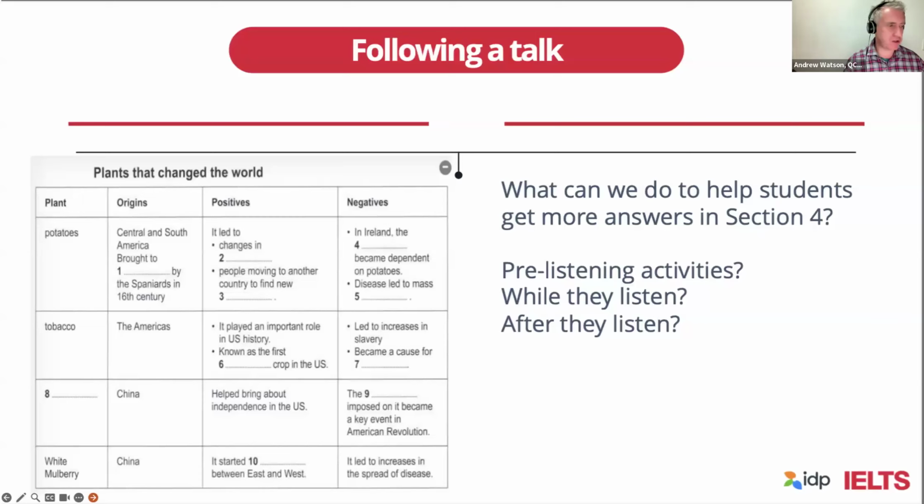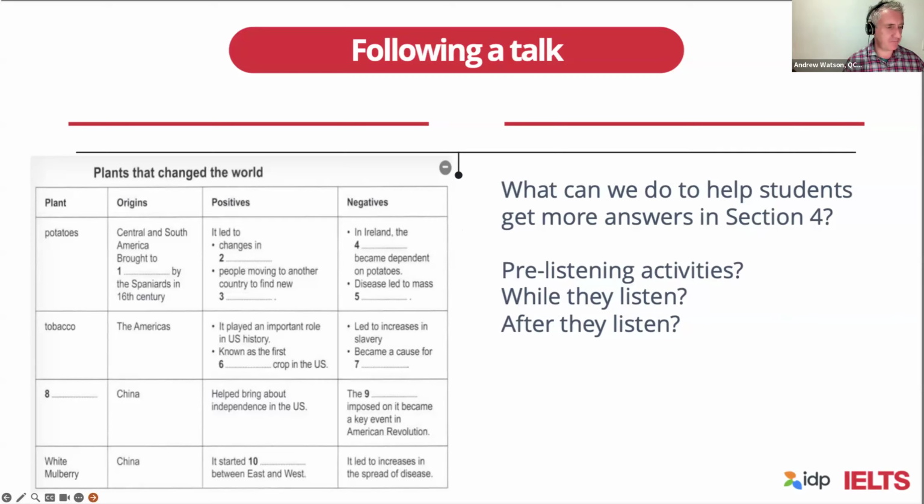Very quickly, before we do our Kahoot quiz, following a talk. This is section 4. How can we get students to get more answers in section 4? Any ideas?